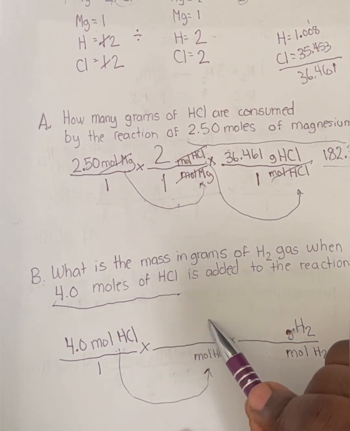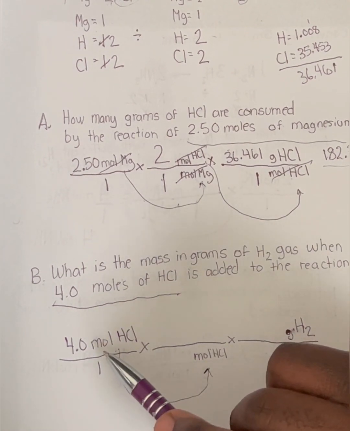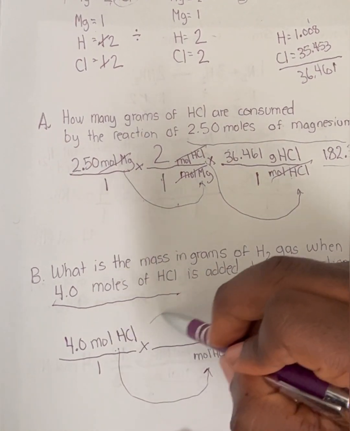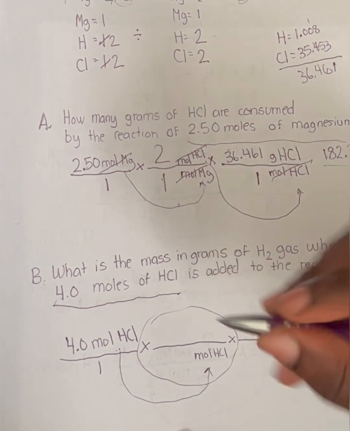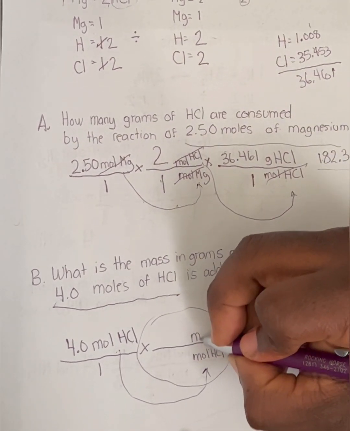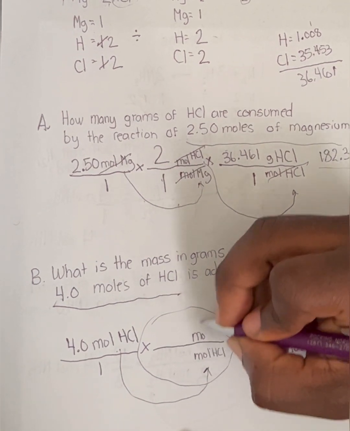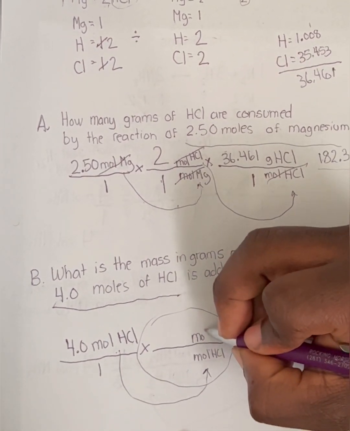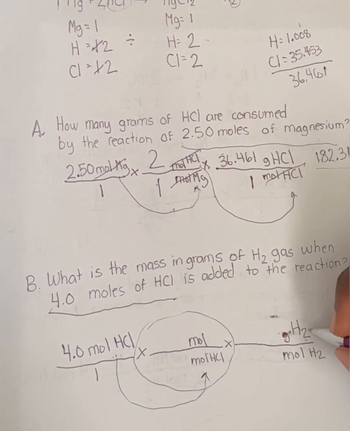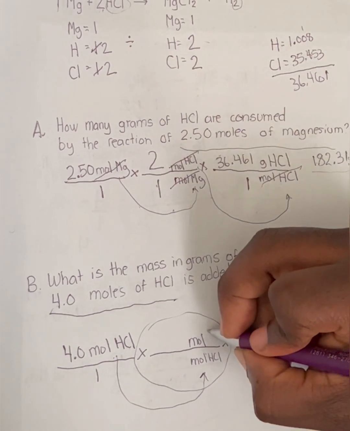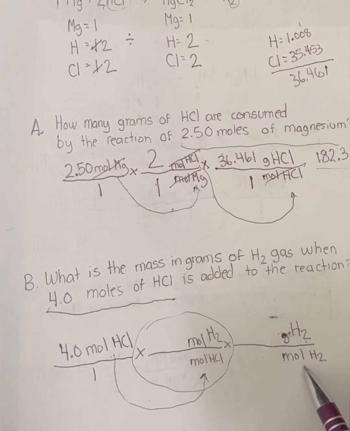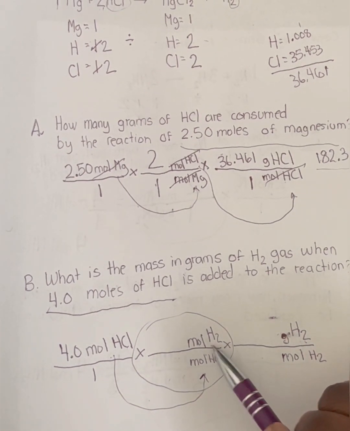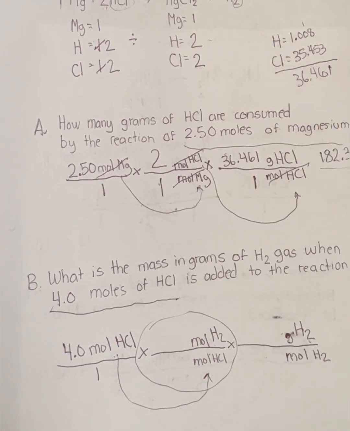So remember, since I'm going from moles to grams, the middle part is the molar ratio part. So I'm going to have moles of H2 over here, because molar ratio is going to be mole over mole. H2 is what I'm trying to find out, so I'm going to have H2 at the top for moles, also because I had it down here.